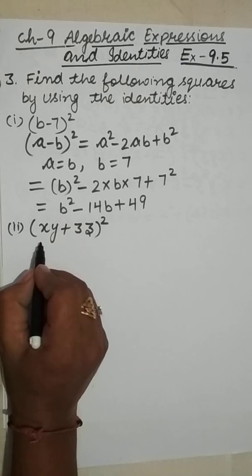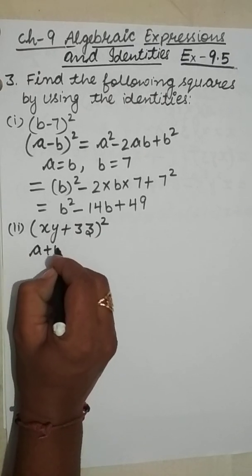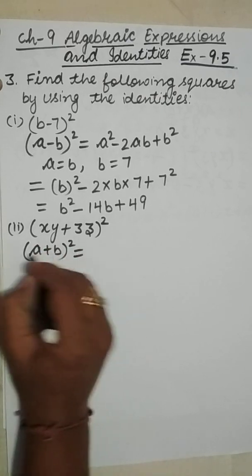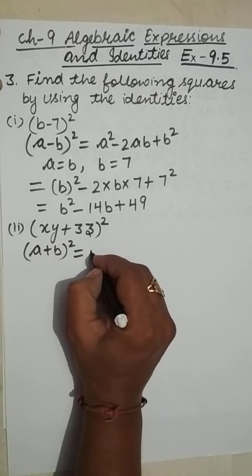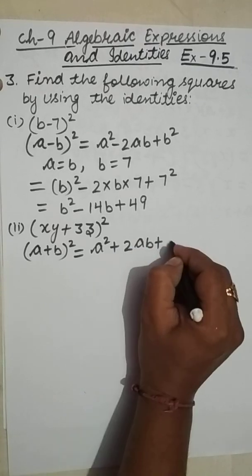Second part is (xy plus 3z) whole square. In all these questions, we will use the identities to solve. Now this is (a plus b) whole square, which is equal to a square plus 2ab plus b square.